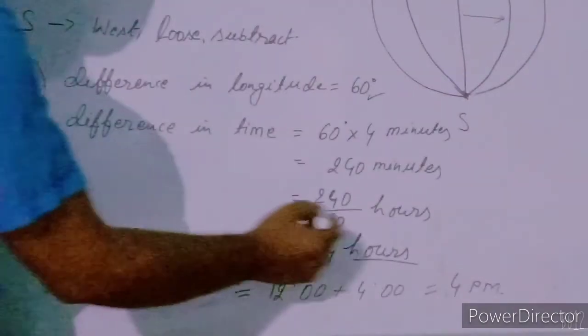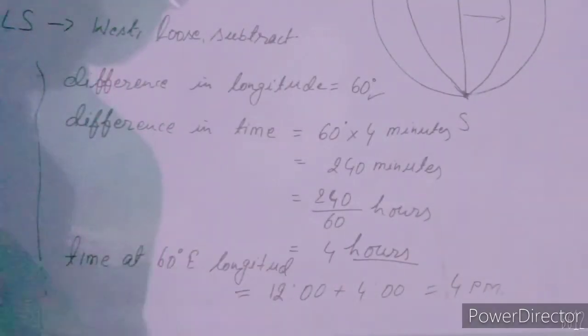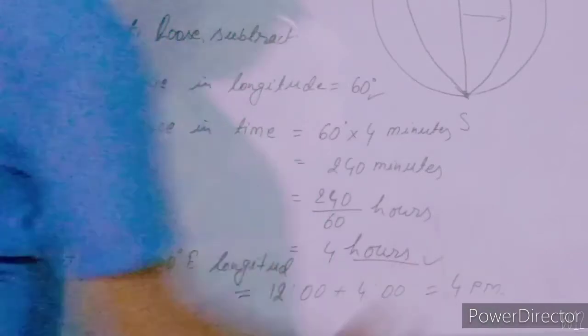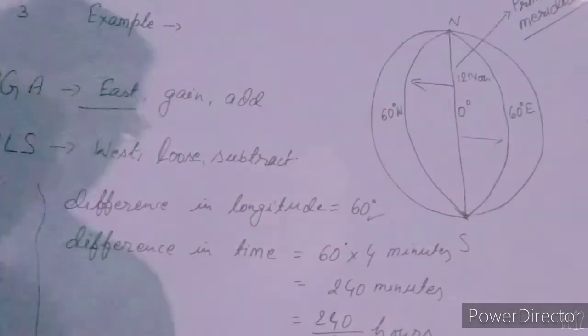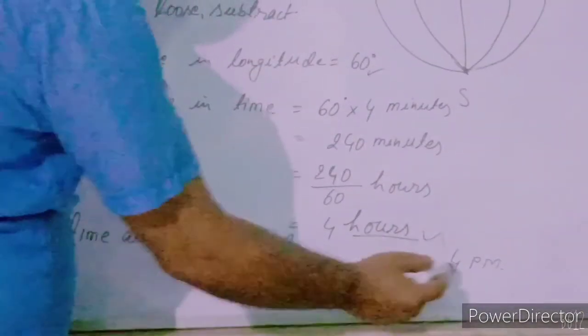Then this is changed into hours by dividing by 60, and I got 4 hours. Since this is in the eastern hemisphere, this time difference will be added to the time of Greenwich, that is 12 noon. So time at 60 degree east will be 12 noon plus 4 hours, equal to 4 p.m.